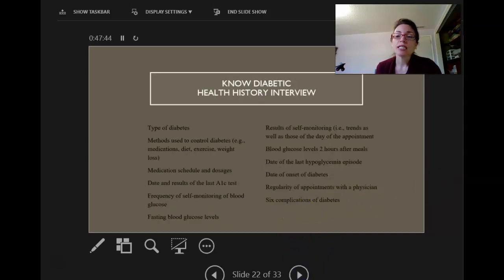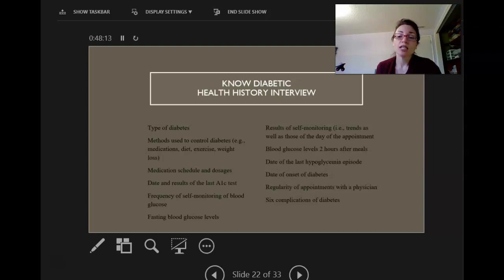When the person is known to have diabetes, the patient in the health history interview should address the following. The decision to continue the comprehensive assessment, consult with a physician, or defer treatment and refer the patient to a physician should be made on the basis of a patient's responses to questions during the health history and the pharmacological assessment.